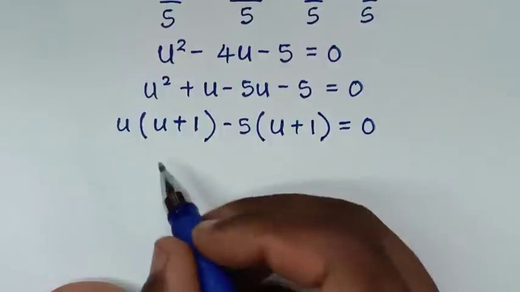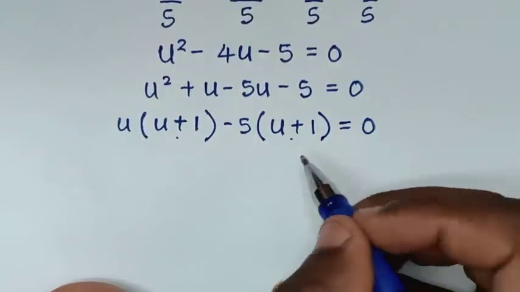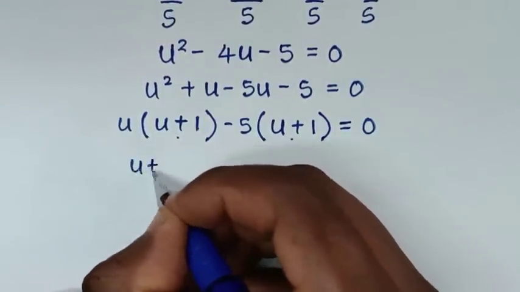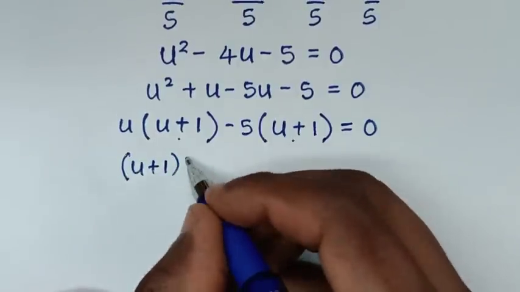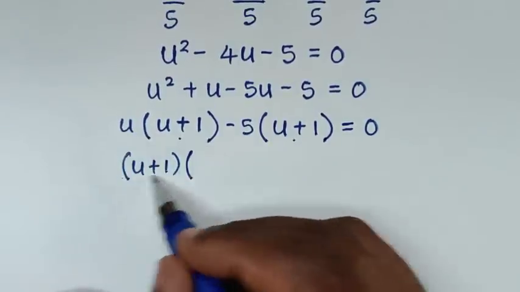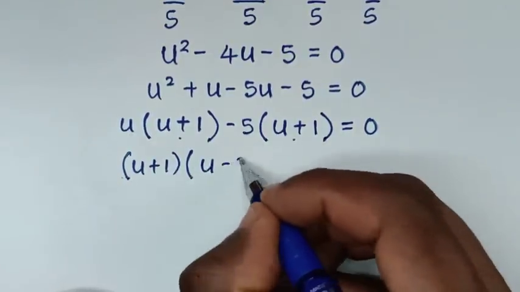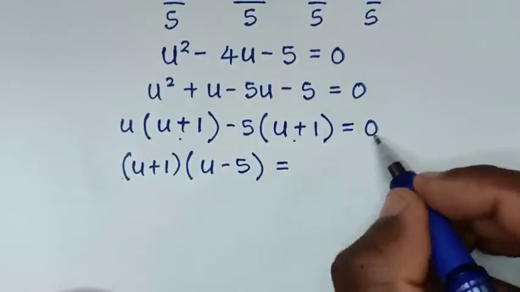Then in the next step, in here u plus 1 is common, so we take u plus 1 bracket out of bracket, this divided by this is u, this divided by this is negative 5 bracket is equal to 0.